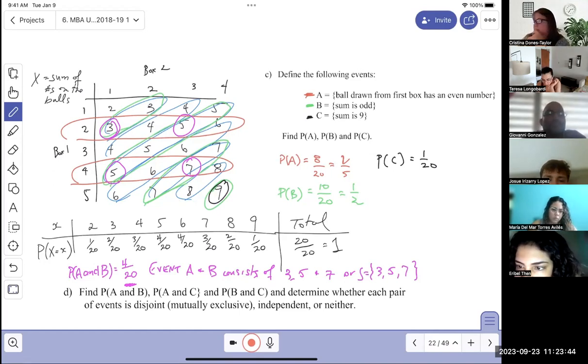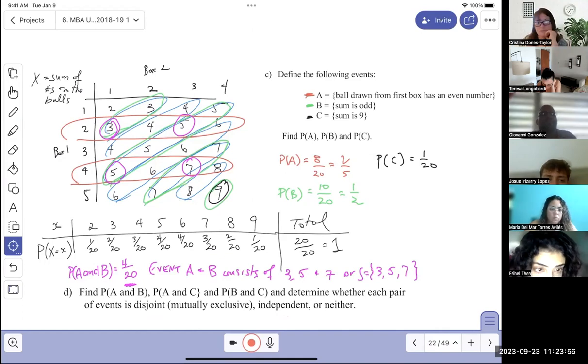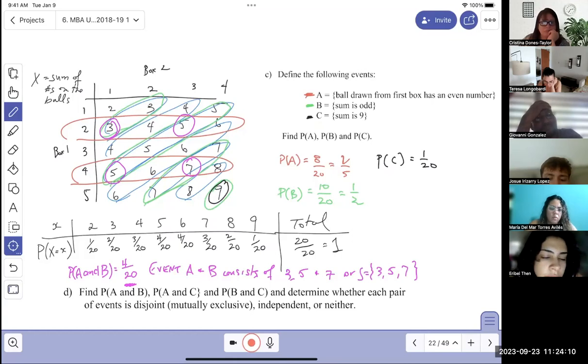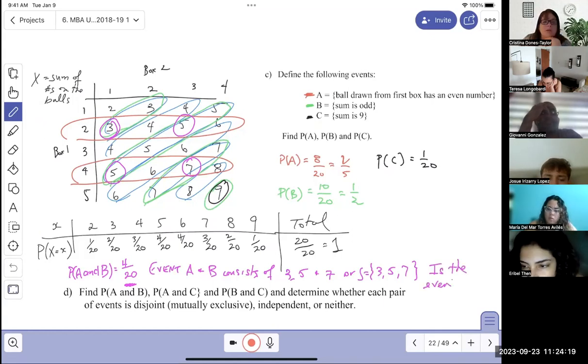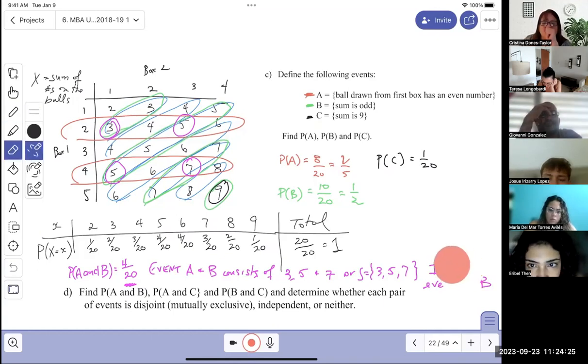Okay, so before we go to the next one, let's answer the question. Are A and B disjoint, independent, or neither? So A and B overlap, we already got that. So either they're independent or not independent, because they do overlap, they're not disjoint. So the question is, are the events A and B independent?